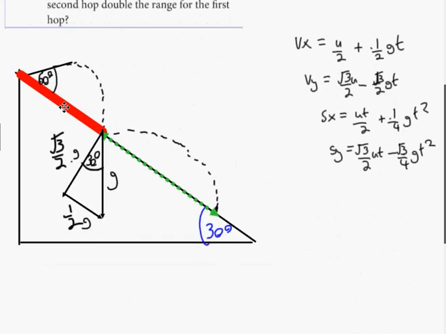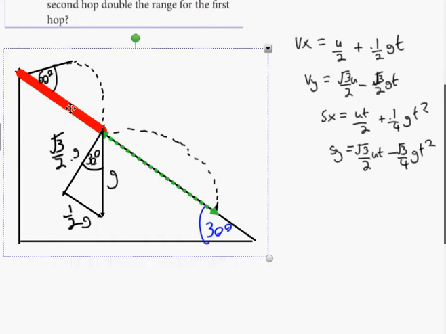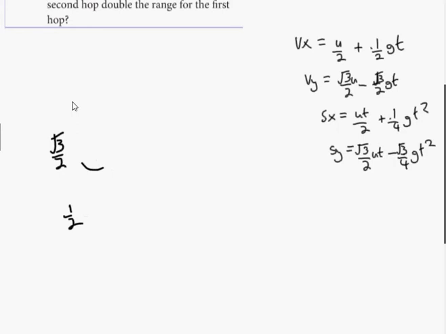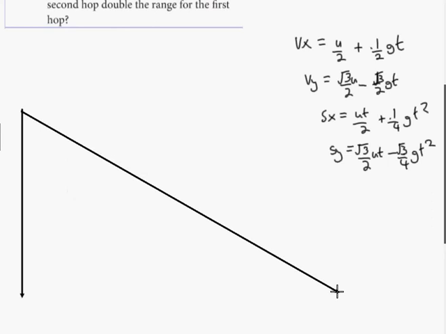There's a throw, okay, and in this throw, I think I need a new diagram here. So you're going to throw it first, and then after you throw it, there's going to be 2 bounces. There's going to be more than 2 bounces, but for the time being, I'm just going to assume it's 2.